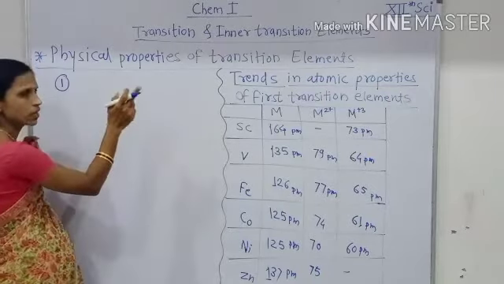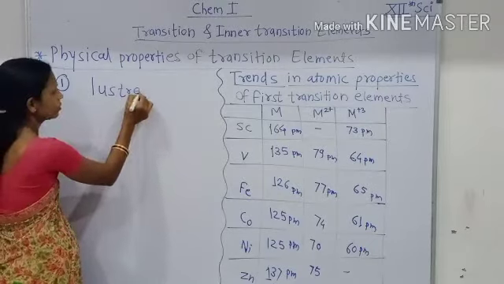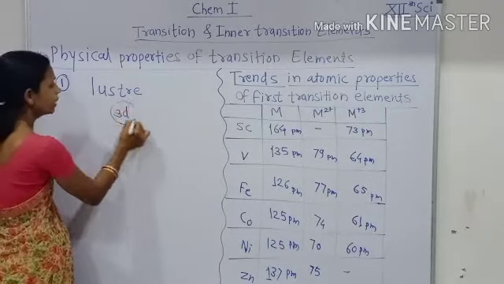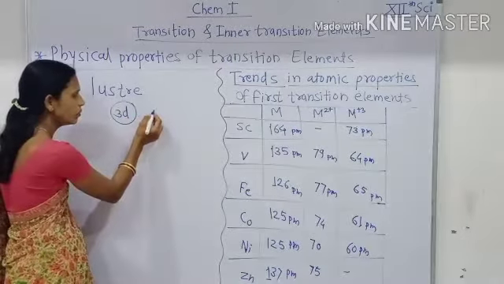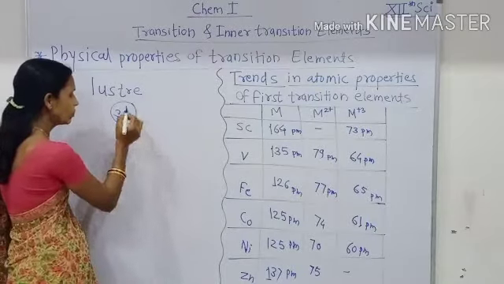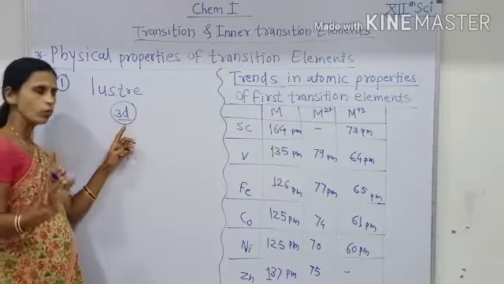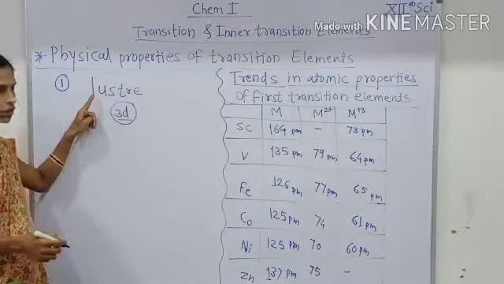Similarly, the transition elements also have luster because of their 3d orbital. The 3d orbital of the first transition series is successively filled. Few 3d orbitals are vacant or incompletely filled, therefore they show luster.